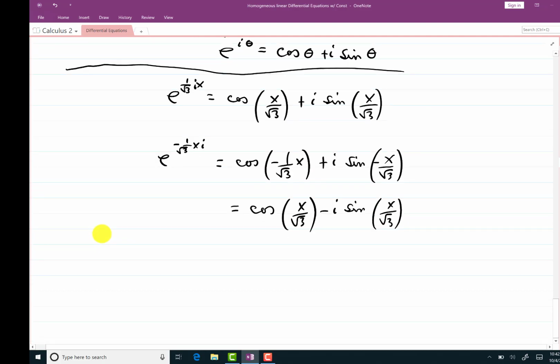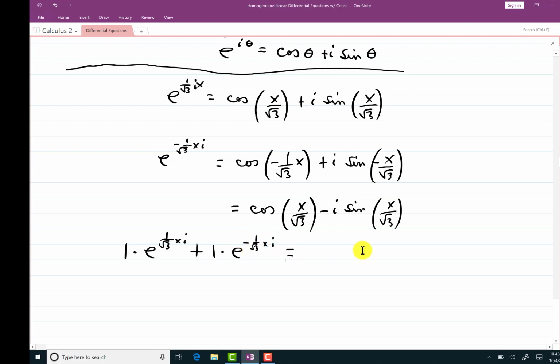Now, if I add this equation, if I add the e to the 1 over radical 3 ix to the other solution, I will get 1 times e to the 1 over radical 3 x times i plus 1 times e to the negative 1 over radical 3 xi.